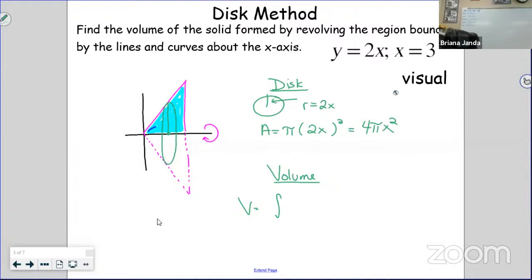Farthest left that it would start is 0. And the farthest right comes from that second function, x equals 3. So that's how I knew that. Sometimes we have to do an intersection, which we will look at, but this we do not. Put in the area of one disk, 4 pi x squared, stacking them up along our x-axis, so with respect to x.